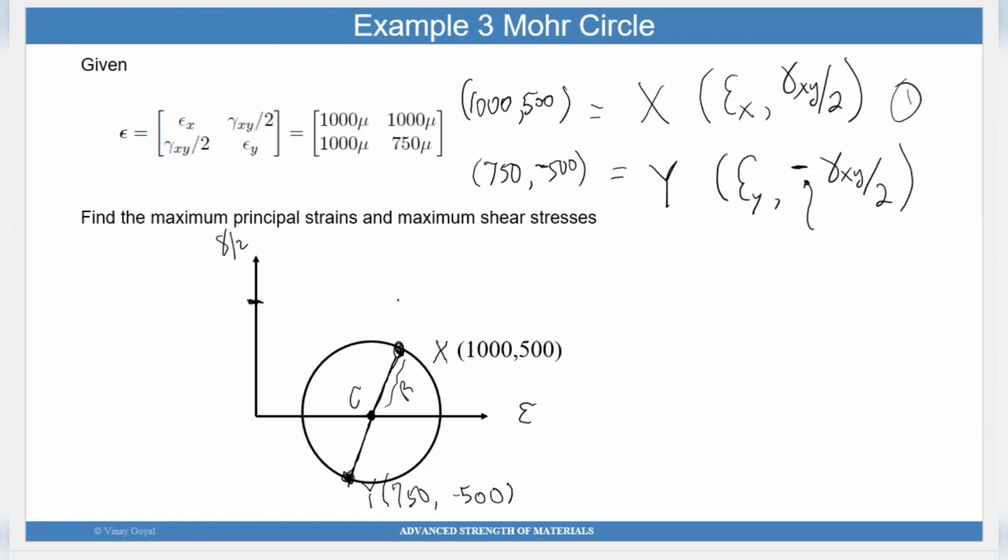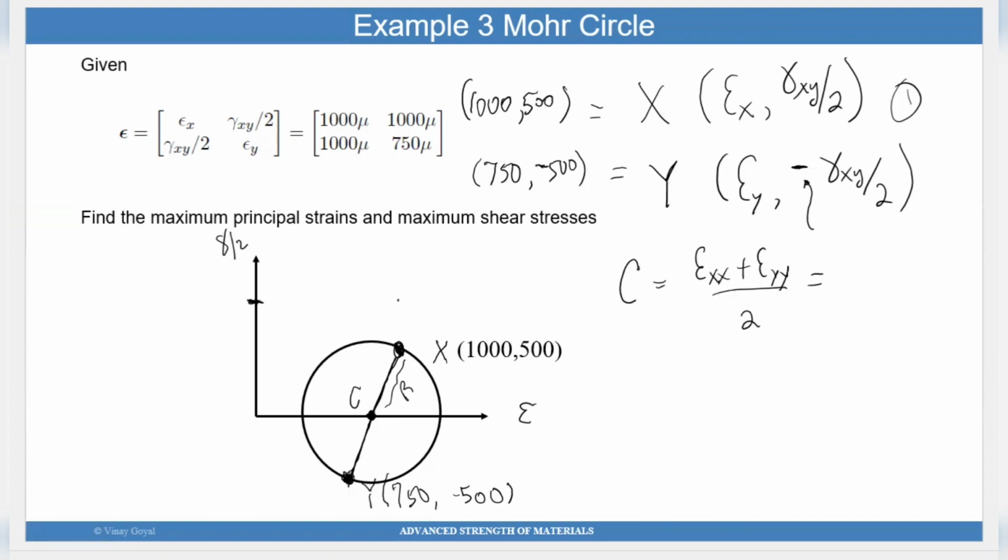We know C. You can calculate C very easily, and you calculate the radius very quickly also. You don't need to remember the equations at all, because this distance can be easily calculated. For example, you can calculate the distance between these two points divided by 2, which gives you the radius. You don't have to memorize anything whatsoever. The center is given by epsilon xx plus epsilon yy divided by 2.